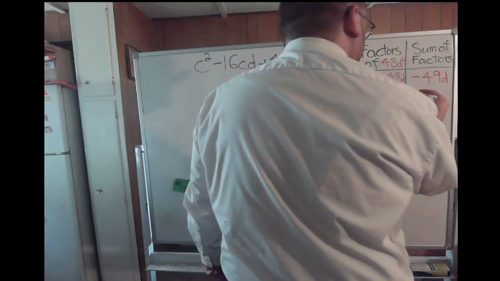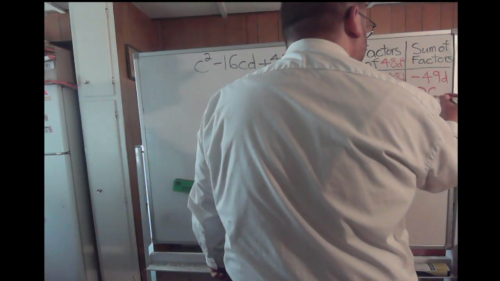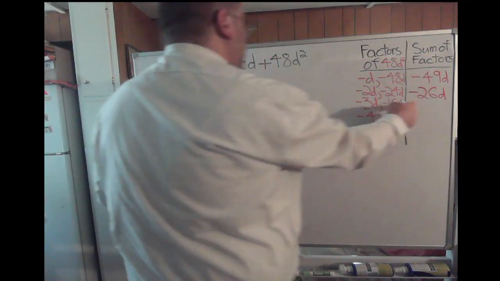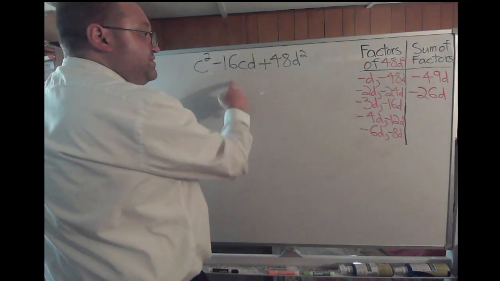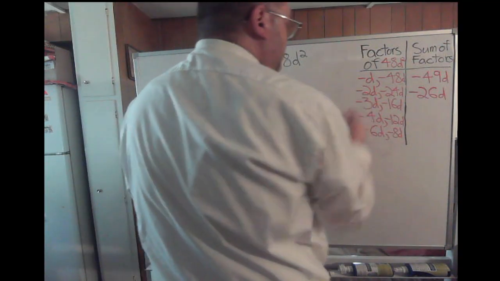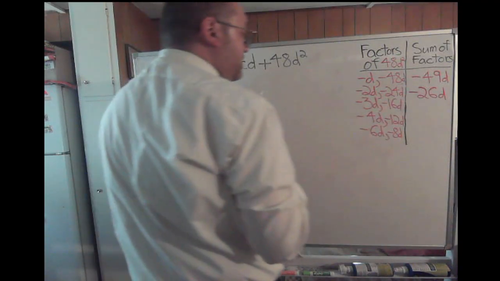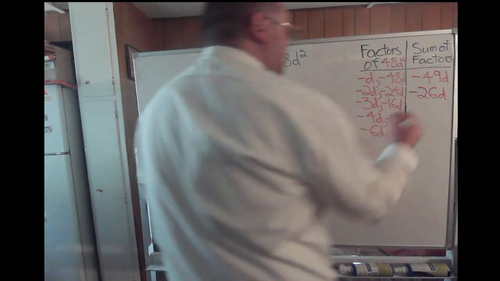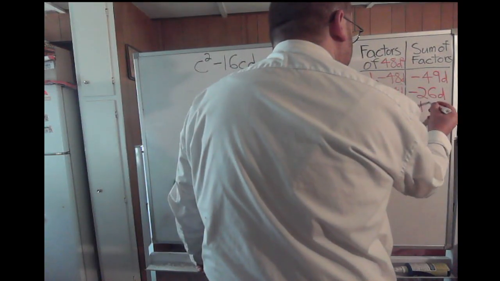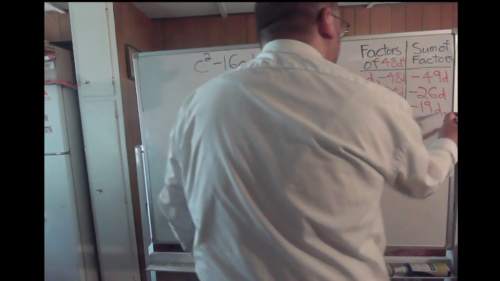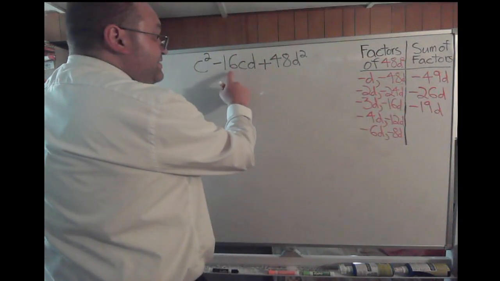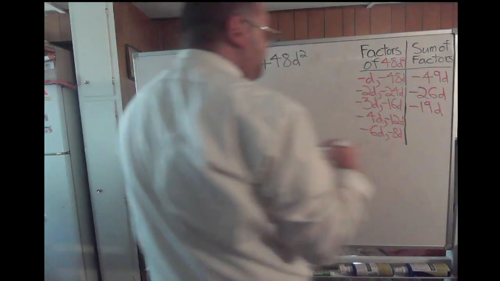When you add those together, you get negative 26d, a coefficient of negative 26. What you need is negative 16, so those aren't going to work. How about negative 3d and negative 16d? You would get negative 19d. You need negative 16. Not going to work.